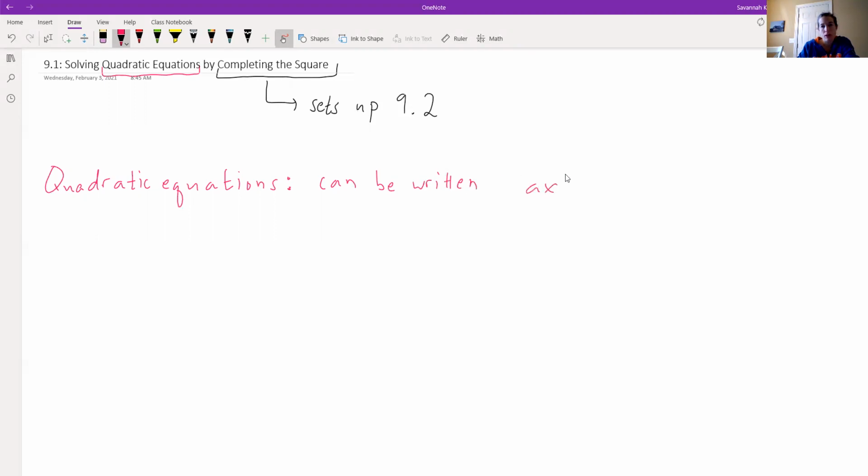So ax squared plus bx plus c equals 0, with the added restriction that a, b, and c have to be real numbers. Now, when we solve one of these things, we may not get real numbers as our answers, but the coefficients of the x's, the numbers in front of the x's, those have to be real numbers.